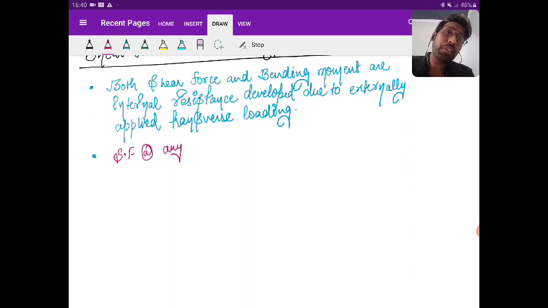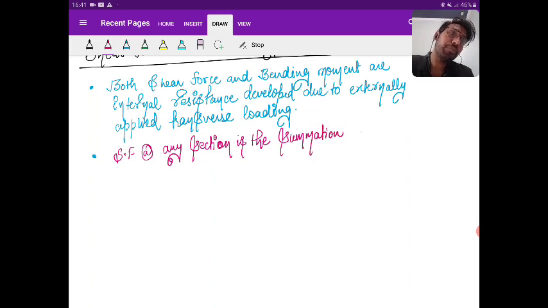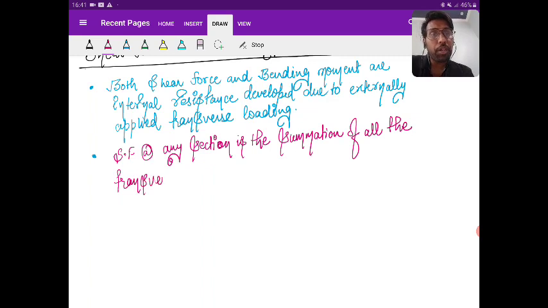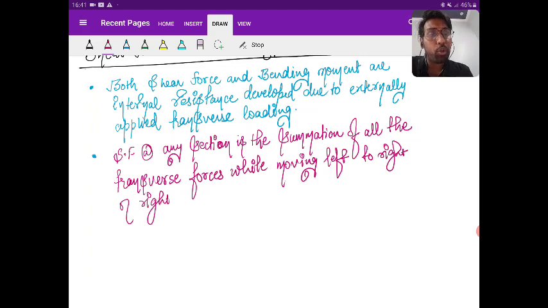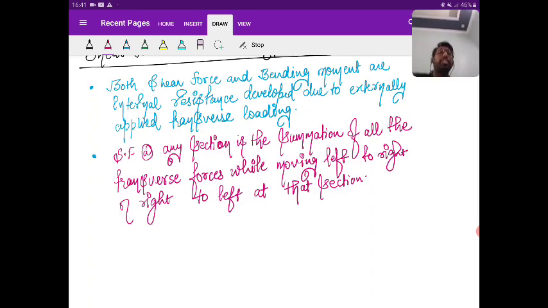So this is the definition of shear force at any section.